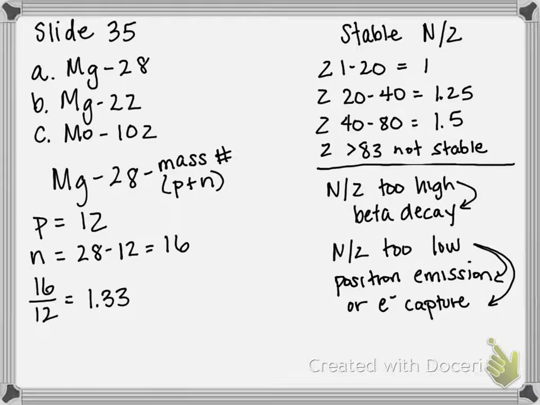Now, magnesium has an atomic number of 12. That puts it in the 1 to 20 range, and ideally, the N to Z ratio should be 1. But we have 1.33, which is higher than 1. Therefore, magnesium 28 is going to undergo beta decay.